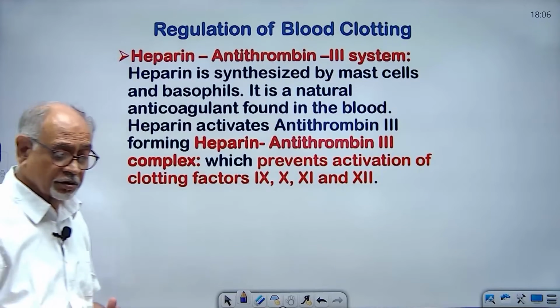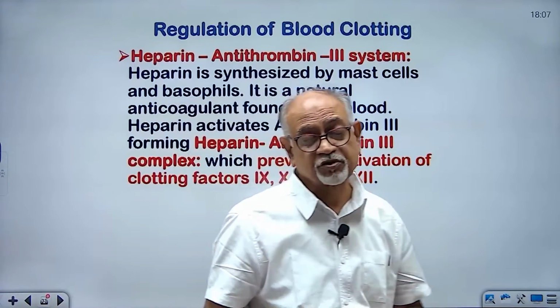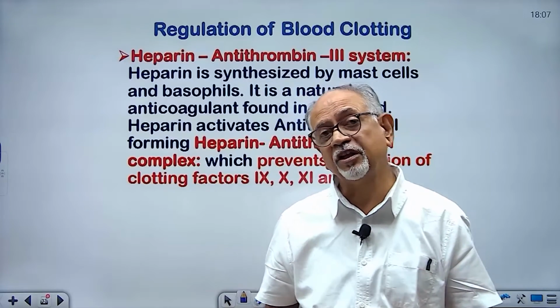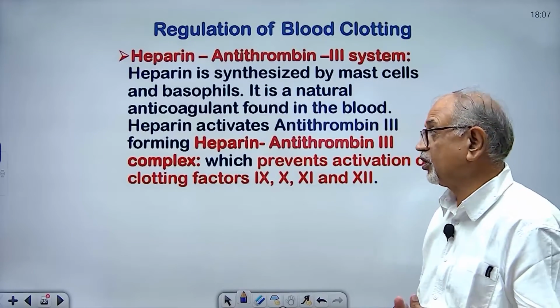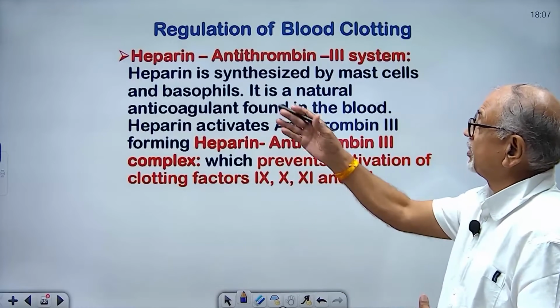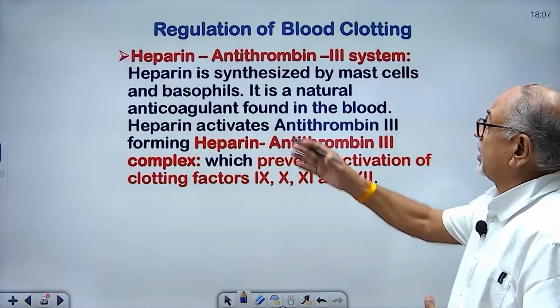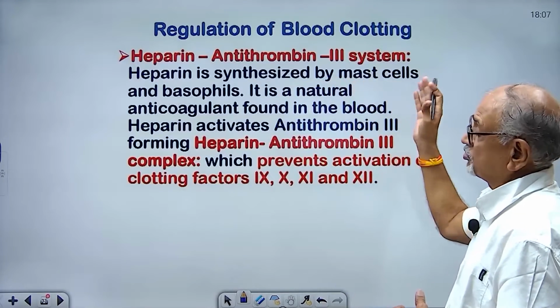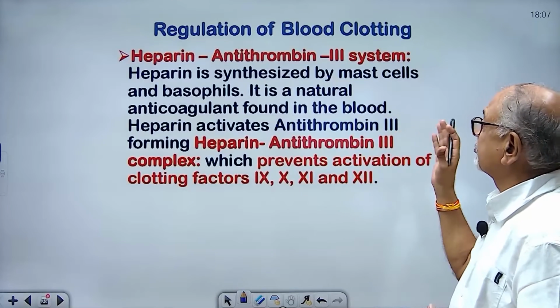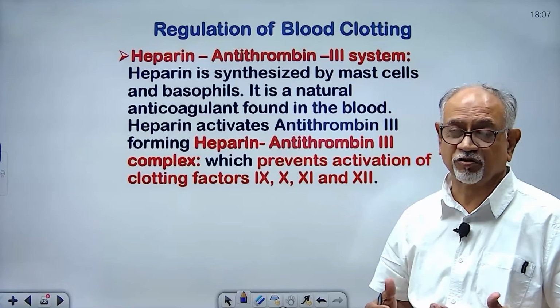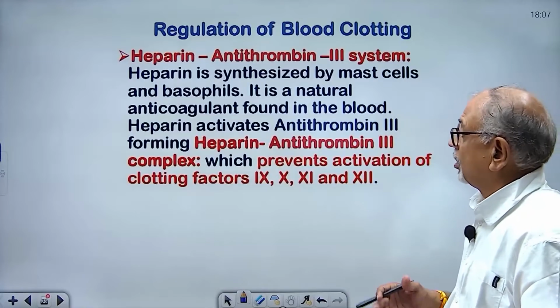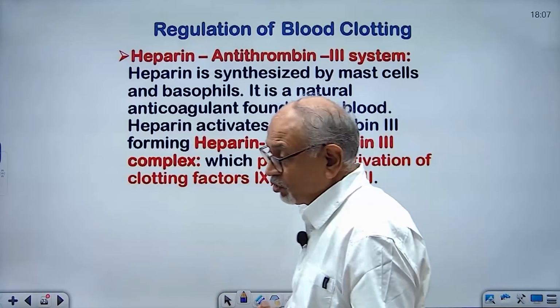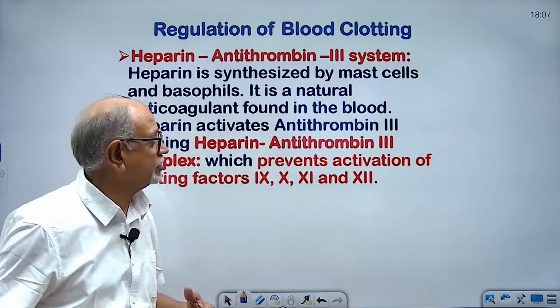Now, another substance which plays a key role in preventing thrombus formation is the heparin antithrombin 3 system. Heparin is synthesized by the mast cells and basophil cells. It is a natural anticoagulant found in the blood.